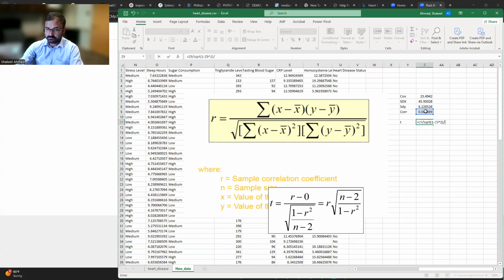N is 100, so it's 98. Then we close the brackets. The square root applies to both numerator and denominator, so we give it two brackets.